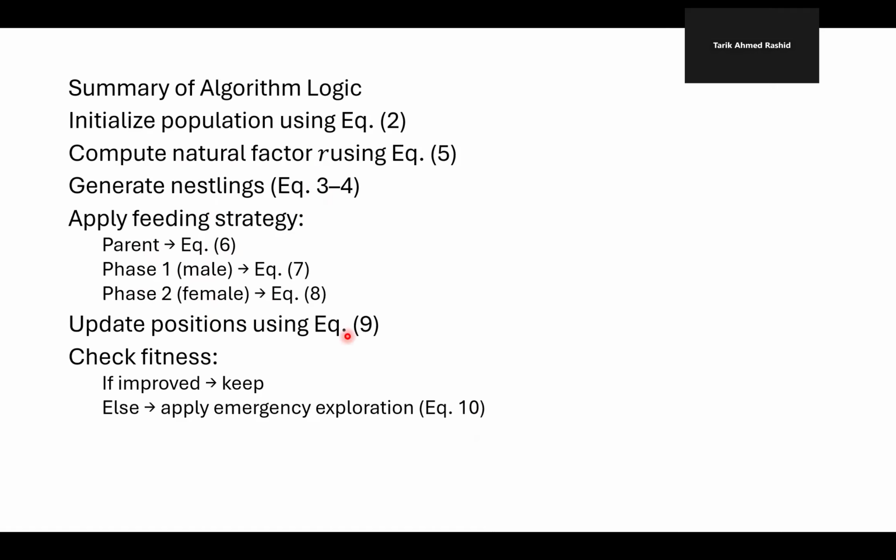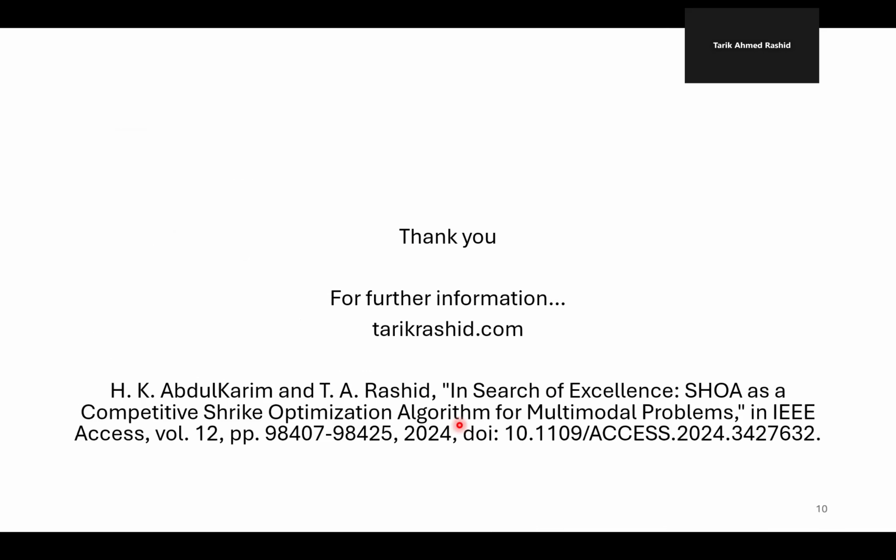Then equation 9, the update to get the new bird, and if it's not good, then we have equation 10. I think that covers all the mathematical models for the SHOA algorithm.